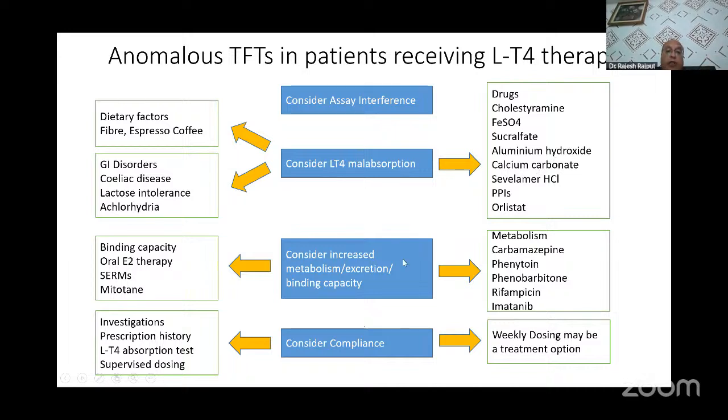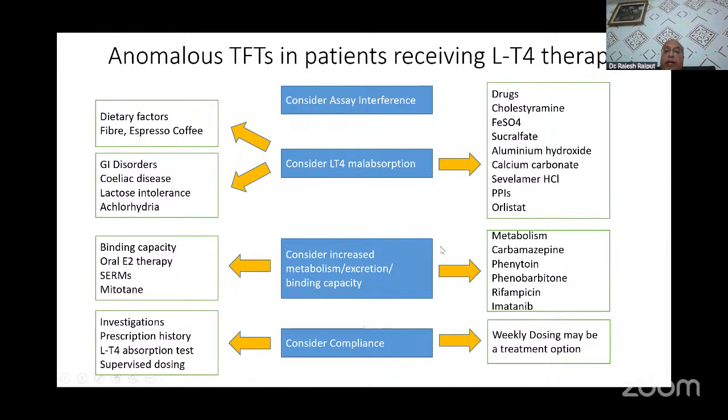The next important consideration is increased metabolism or increased excretion or increased binding capacity, because of which the free thyroid hormone is not normal. Now, increased binding capacity is seen specifically in women if they are on estrogen therapy.